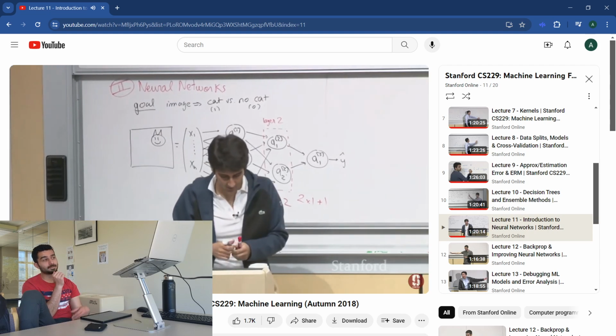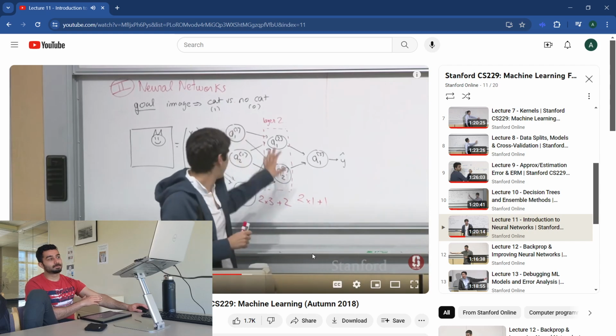Now, let's define some vocabulary. Okay, I got it. 2 times 3 because we have 2 nodes at the second layer, and 3 is the number of nodes in the first layer.